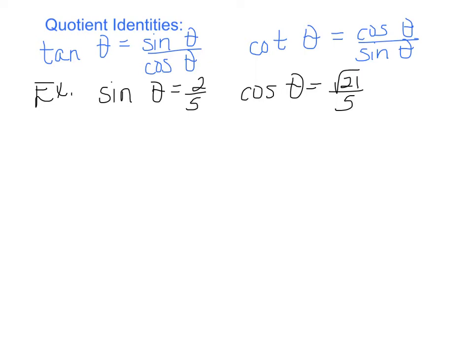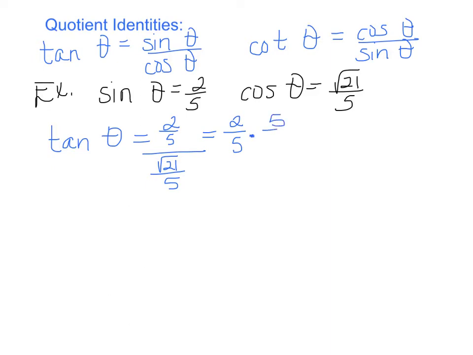So from what was just given, tangent of theta is sine over cosine. So sine was 2/5. Cosine was the square root of 21 over 5. And if you remember, dividing fractions is the same thing as multiplying. So you're going to do keep, change, flip.